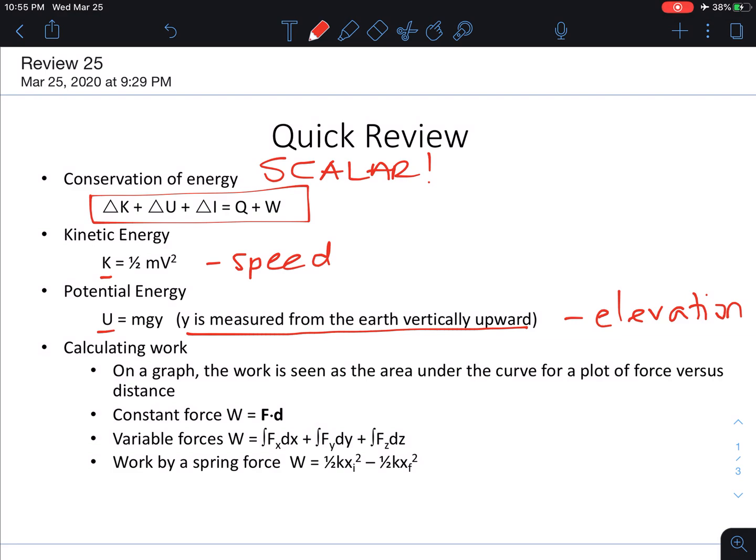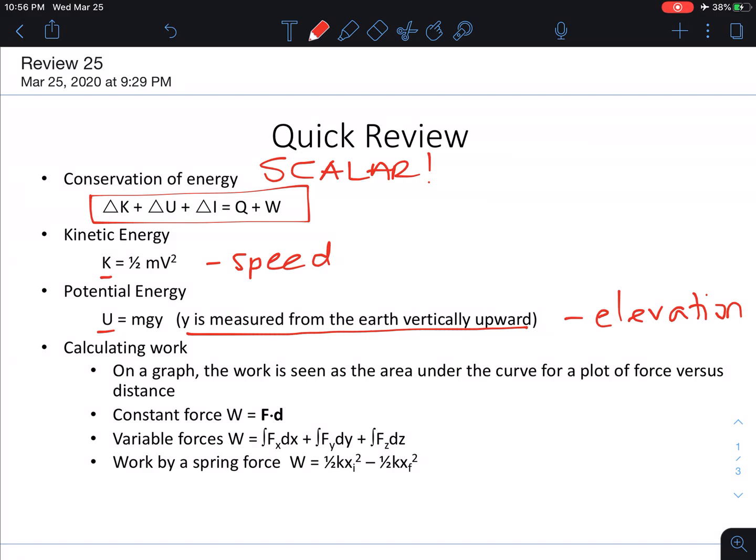So you need to assign the initial or final potential. I usually go with the bottom and set that to 0, so I don't have to deal with negative potential. But it can be negative as well. It's relative to where you choose y equal to 0.